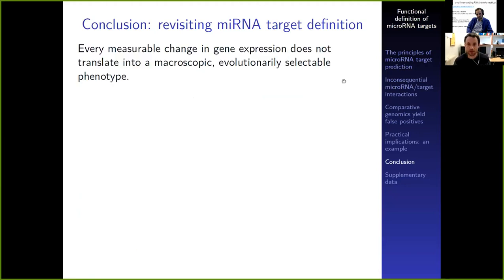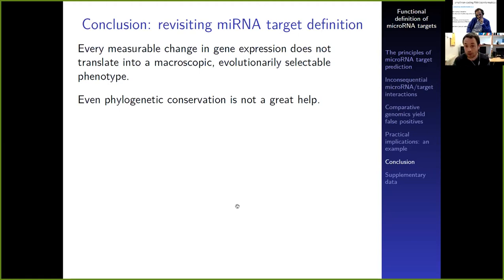It's very important to consider that everything you can observe in molecular biology, especially in high throughput molecular biology, which is so sensitive, does not always have a biological function. Everything you see does not always translate into an evolutionary selectable phenotype. For example, a gene repressed by 20% by whatever microRNA does not constitute a biological function. It has to affect fertility, viability, and so on, to really constitute a biological function.